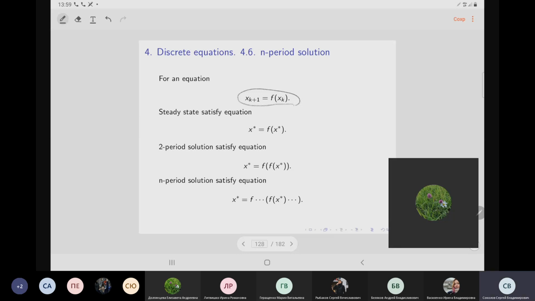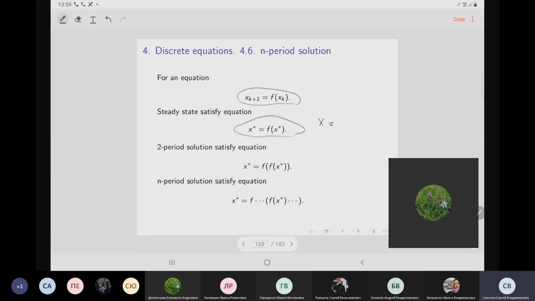The steady state satisfies the equation xs is f of xs. So the solution xk is xs.